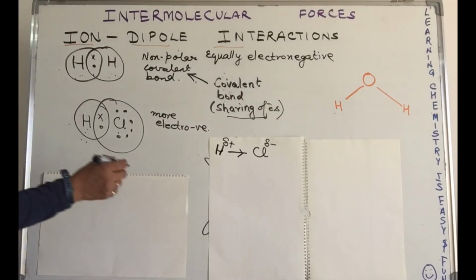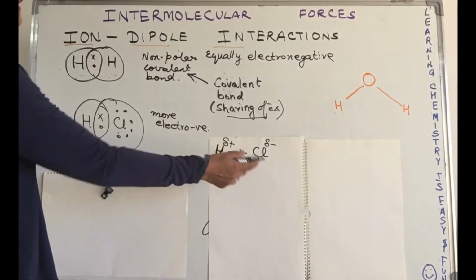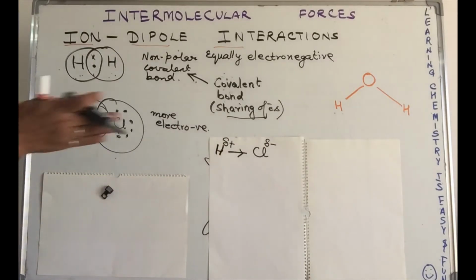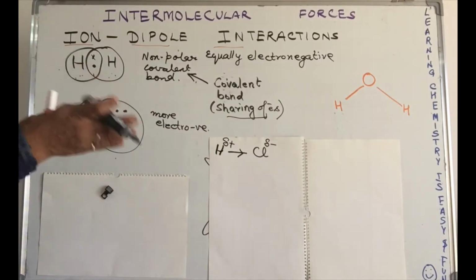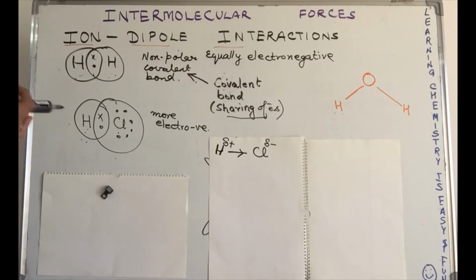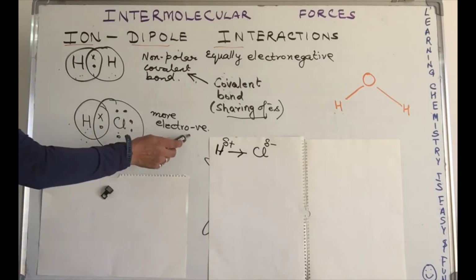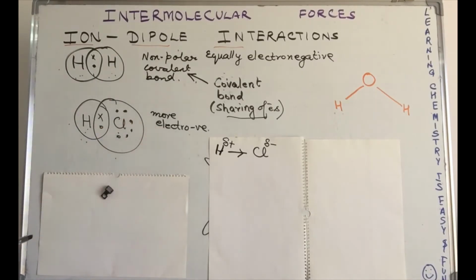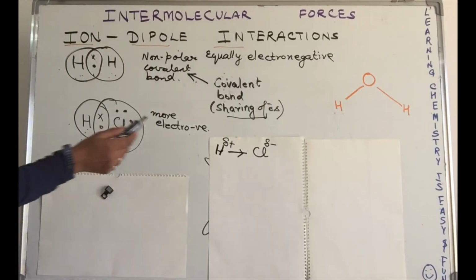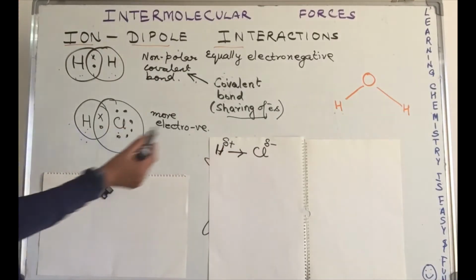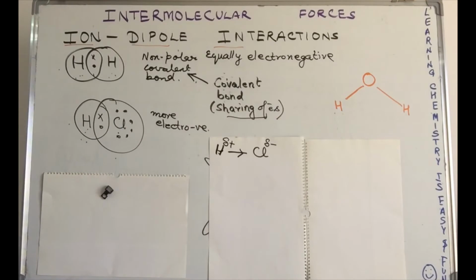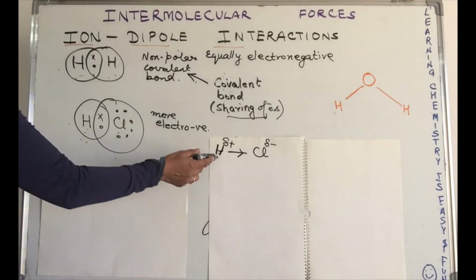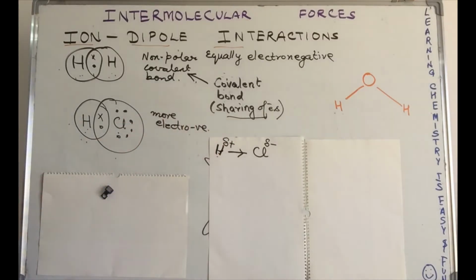Please understand that this is not complete transfer. This is a shift towards the atom which is stronger in terms of electronegativity, right? So what will happen over here is this is behaving as a partial ionic compound just because of the electronegativity difference between hydrogen and chlorine.